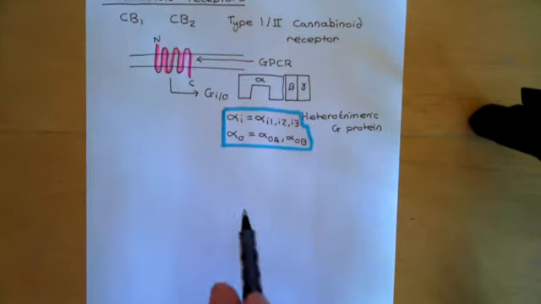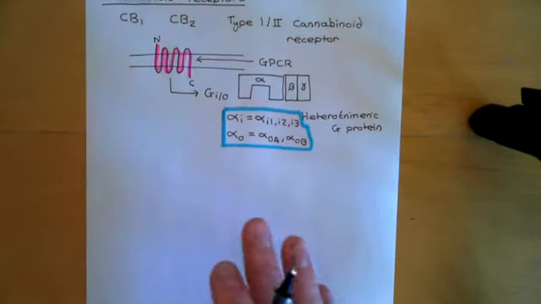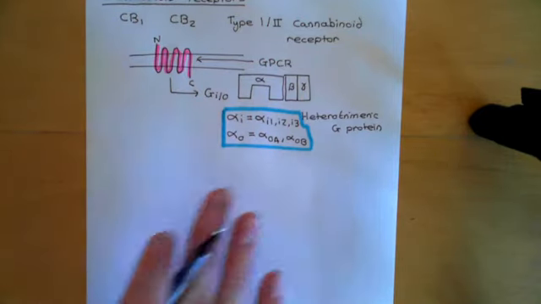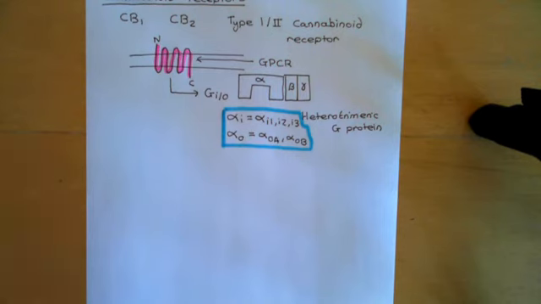It's not specific for, let's say, alpha I1, because all of these pretty much have the same structure, so the receptor will activate all 5 of them. Right, so that's the cannabinoid receptors and their signaling pathways intracellularly.